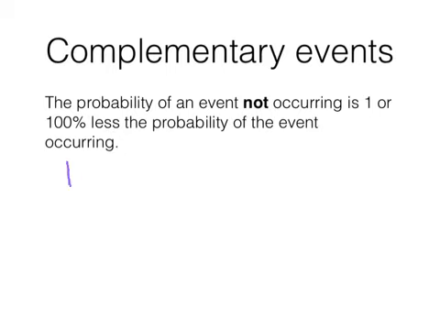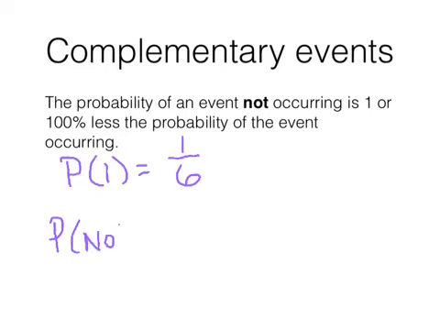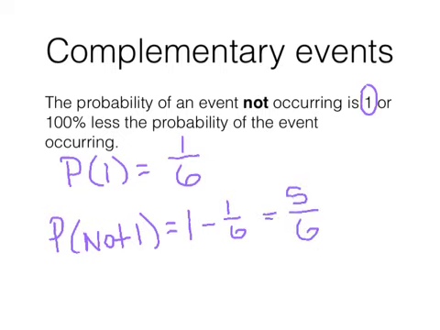So the probability of rolling a 1 on a number cube is 1 out of 6. So the probability of not getting a 1, you could do 1 minus 1/6, which is 5/6.